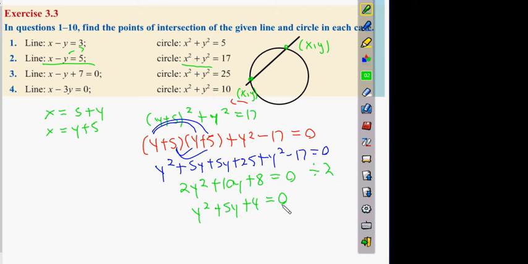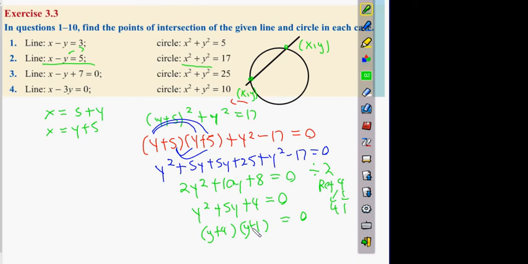David, what's the reference number? 5. Last number? 4. What two numbers multiplied together make 4? 4 and 1. What do you get next? Y squared plus y plus 4, yeah. Minus 1. Okay, and then what?